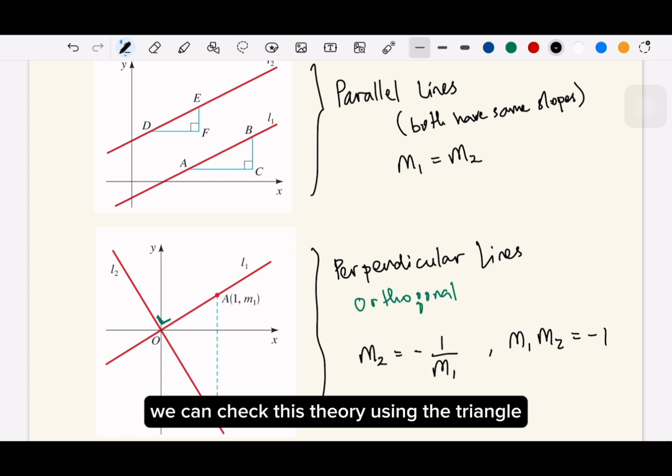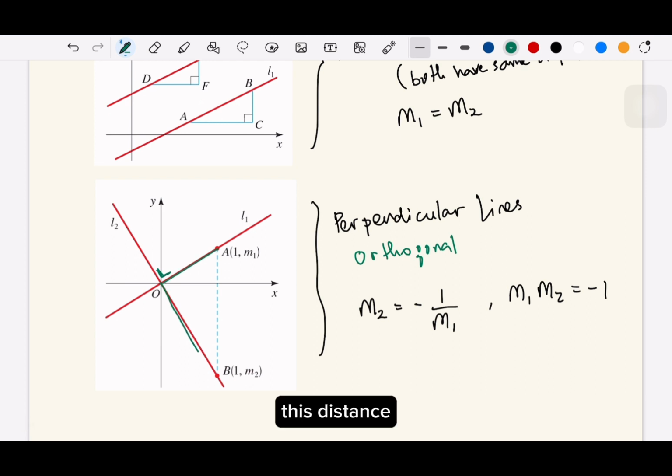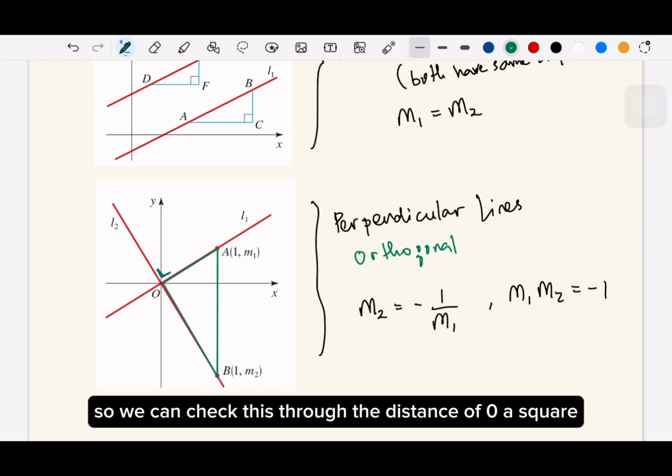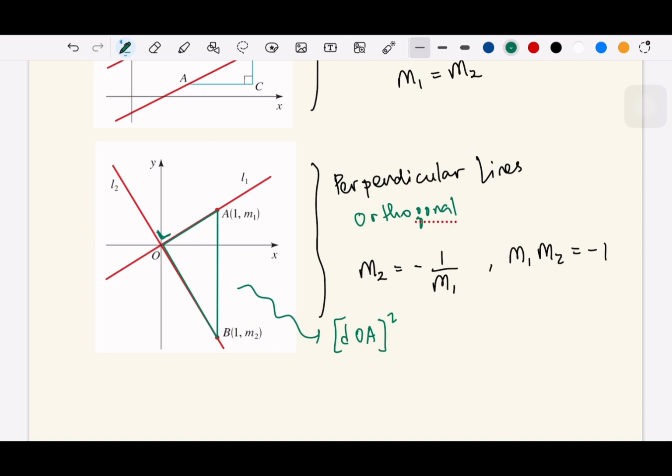We can check this theory using the triangle, the Pythagorean formula, from this distance and this distance. So we can check this through the distance of OA squared plus the distance of OB squared.